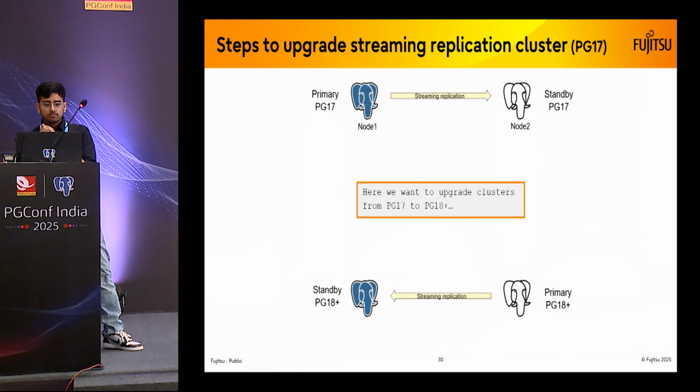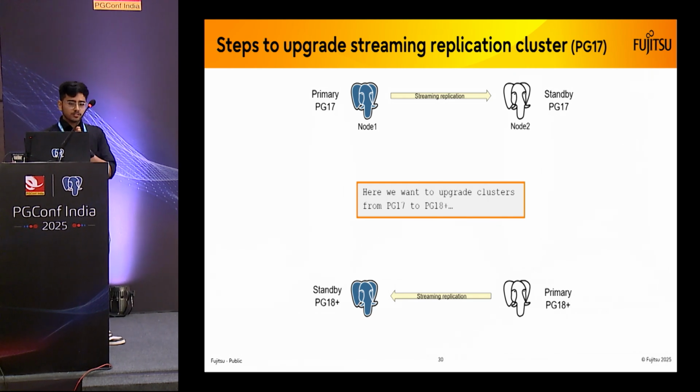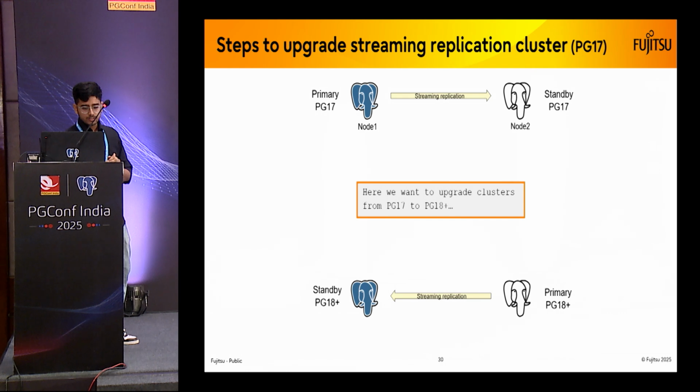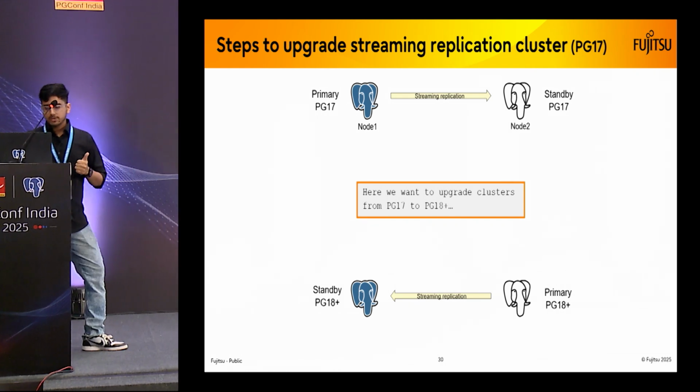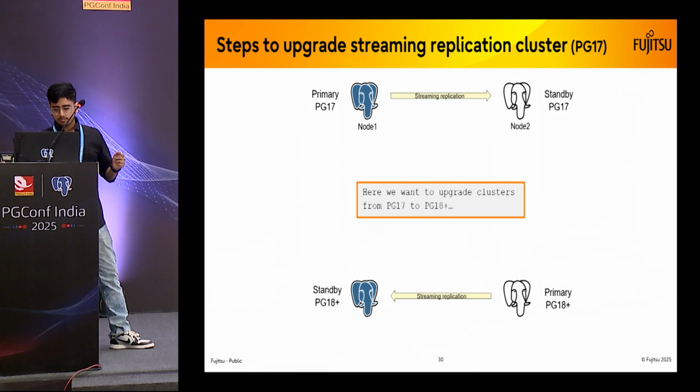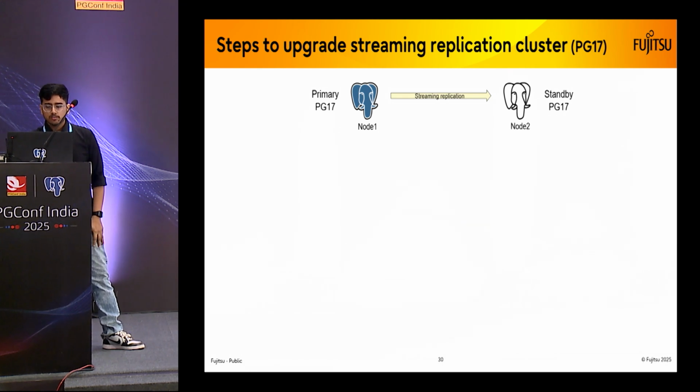Suppose we have a streaming replication cluster set up in PG17, and we want to upgrade it to a PG18+ setup. What steps will we follow?